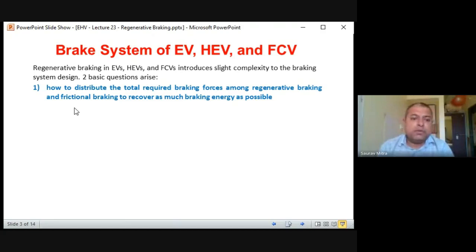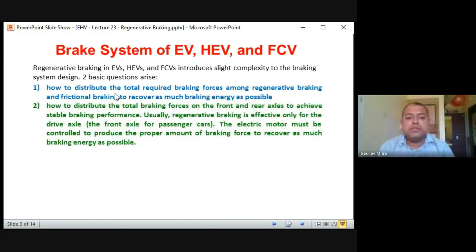So whenever we are talking about EV, HEV, FCV, there are mainly two issues. One is how to stop the car by friction, and the second is how to regenerate some energy and feed it back to the supply.